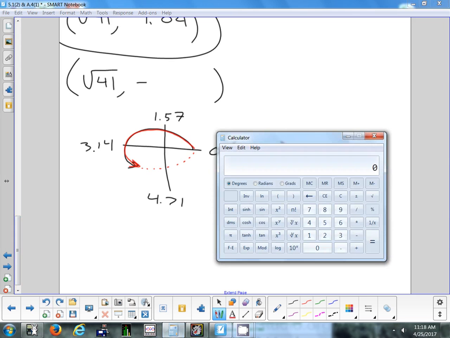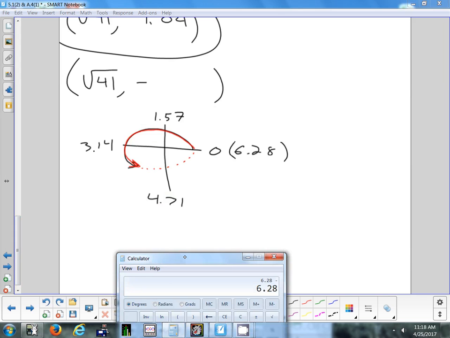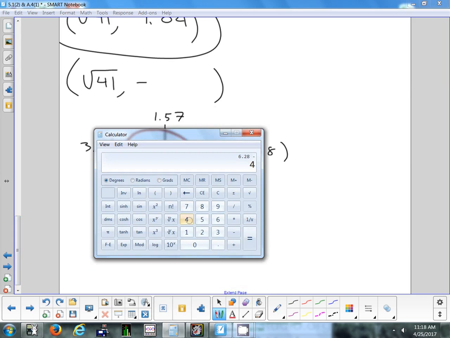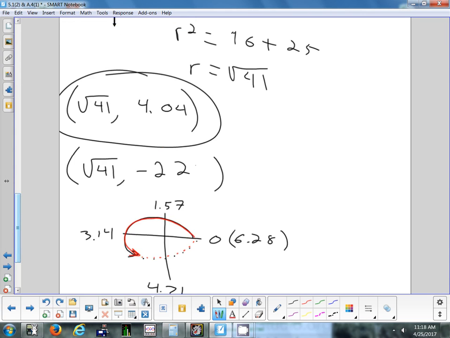Yeah, you just subtract it. 6.28 minus 4.04. So this part right here is 2.24, and it's negative. That's how you figure out the other angle.